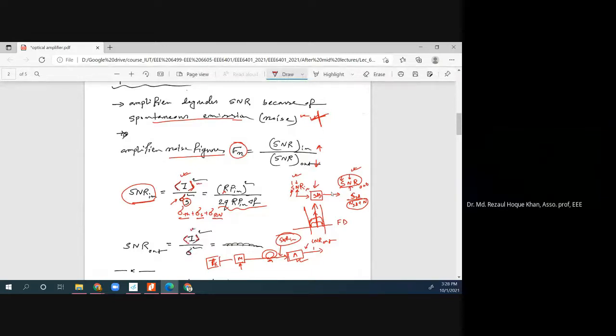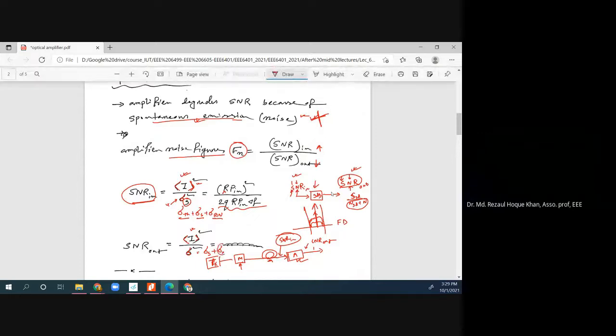This noise is no longer the same as this one. This noise will be equivalent to the shot noise, if it is shot noise limited, plus the extra noise added due to the noise figure, due to the spontaneous emission in the amplifier. This is actually amplifier noise, for example.